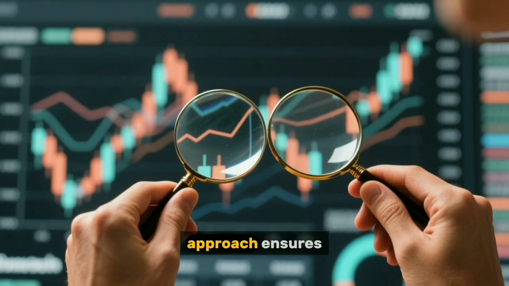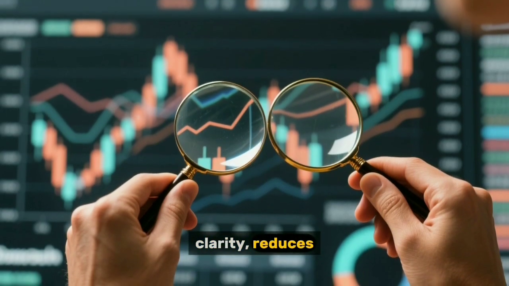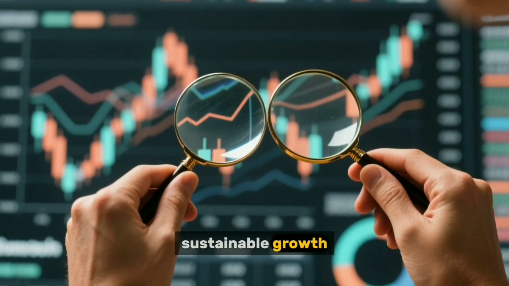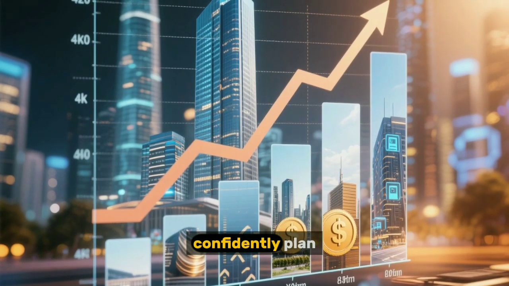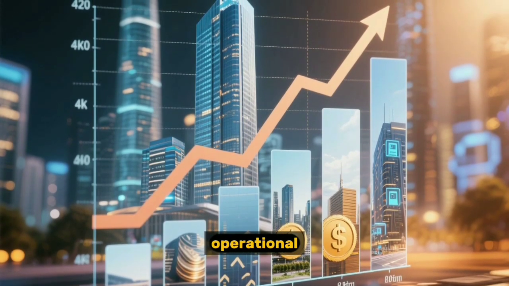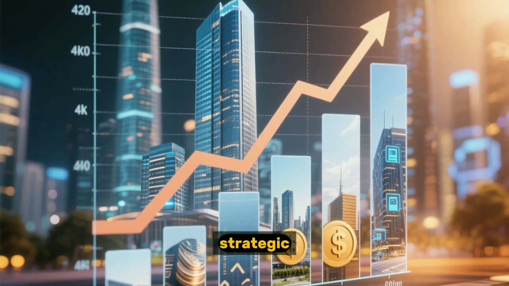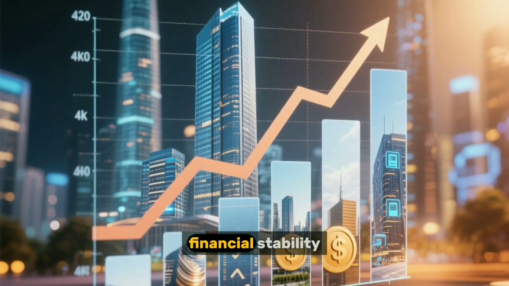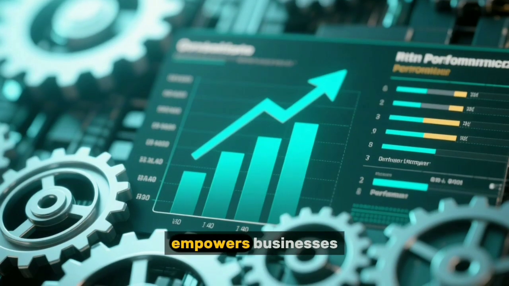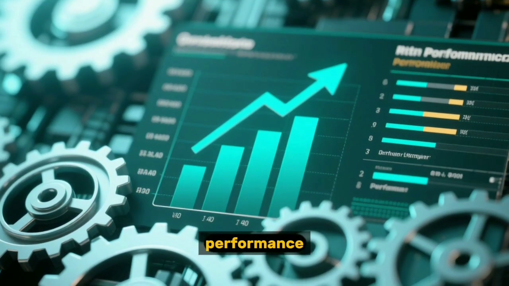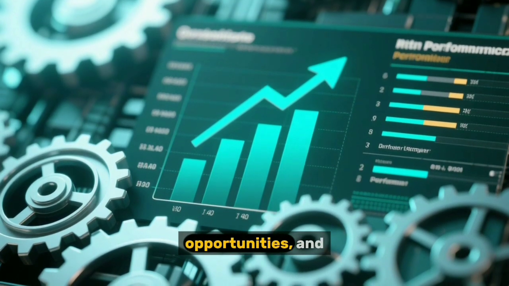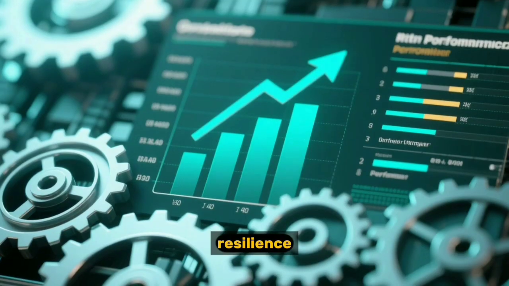This holistic approach ensures clarity, reduces risk, and promotes sustainable growth. Entrepreneurs can confidently plan for future investments, operational improvements, and strategic initiatives while maintaining financial stability. A thorough audit empowers businesses to optimize performance, capitalize on opportunities, and achieve long-term resilience.